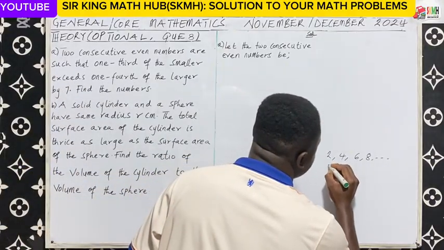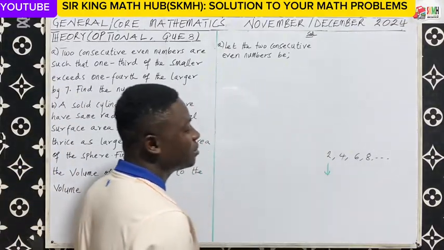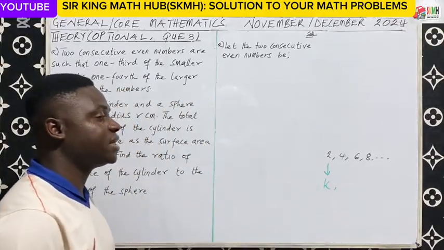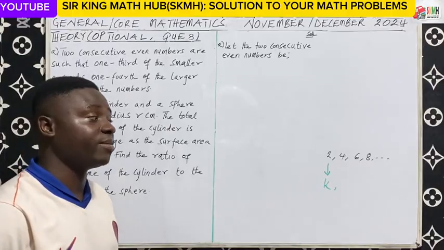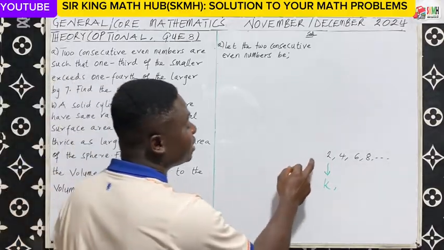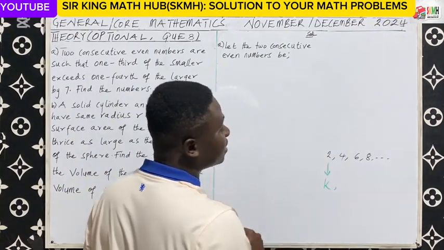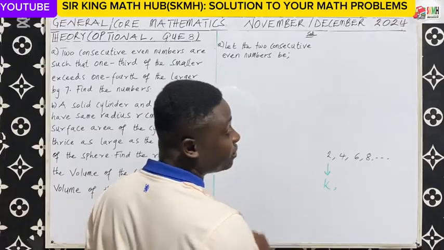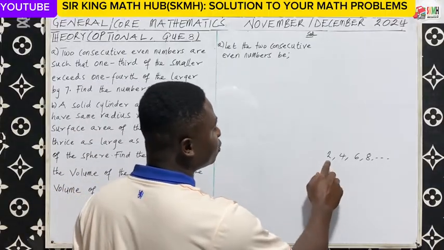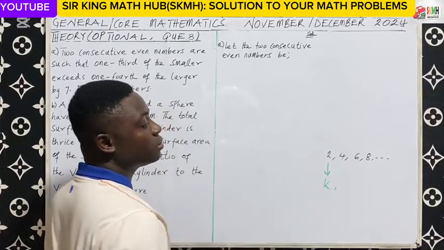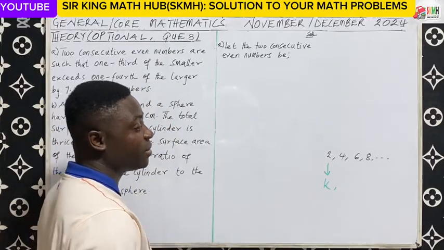If I represent the first even number as k, then how do I represent the second consecutive even number in terms of k? From the first even number to the second, there is a difference of 2. So from 2 to get to 4, we need to add 2 to the first even number.